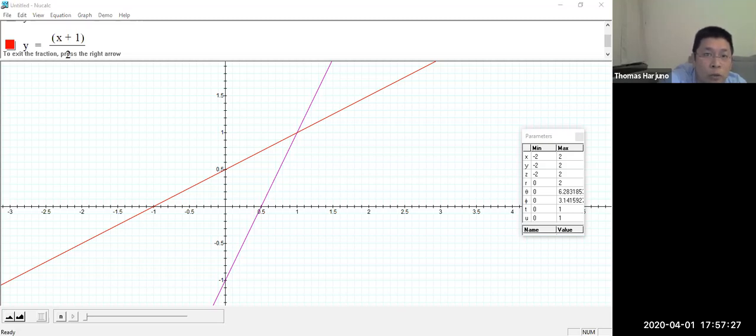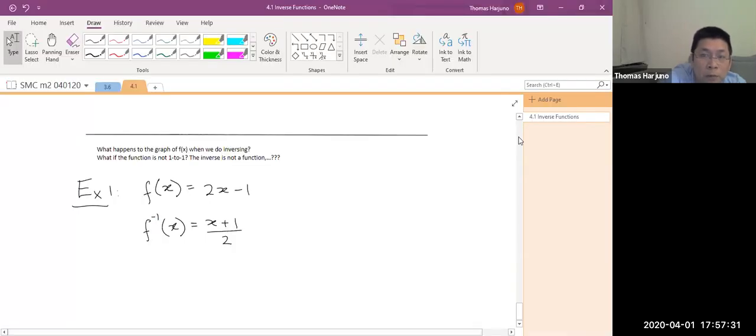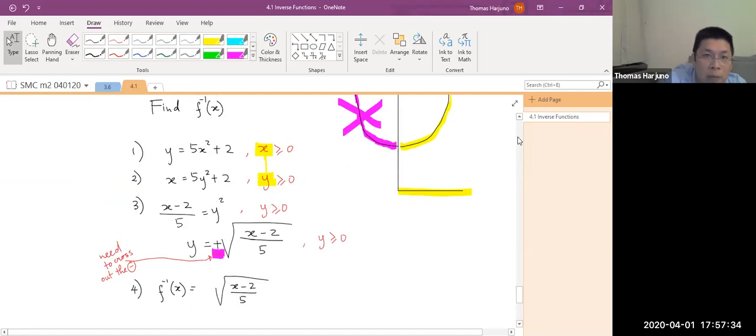when we look back into our procedure, the procedure of x becomes y, y becomes x happens in step 2.